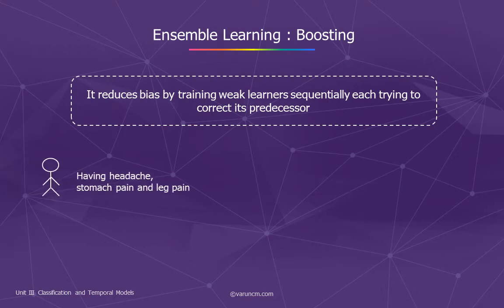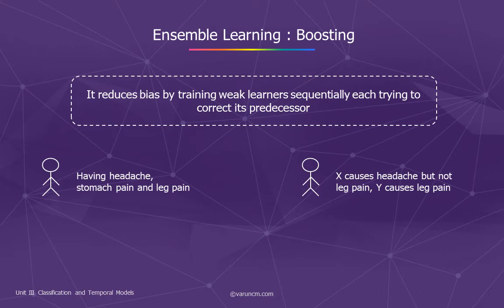So for example, let us consider a particular person who has a headache, stomach pain and leg pain. He needs to go to a doctor, and the doctor will analyze the reasons for the headache, stomach pain and leg pain.